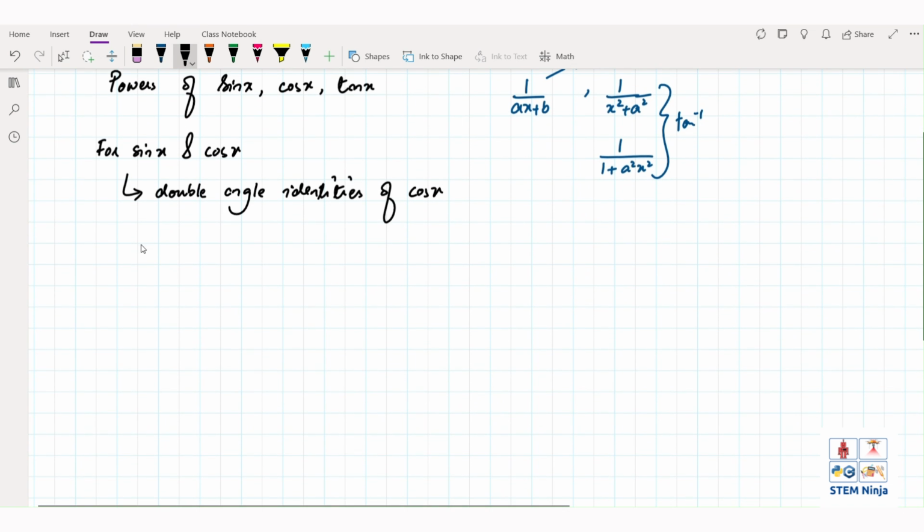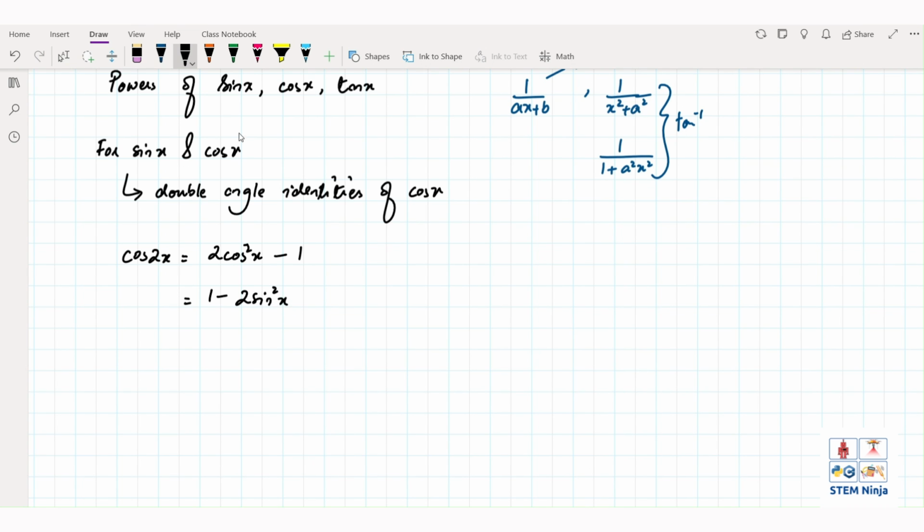So for example, we know that cos 2x can be 2 cos squared x minus 1, or it could be 1 minus 2 sine squared x.